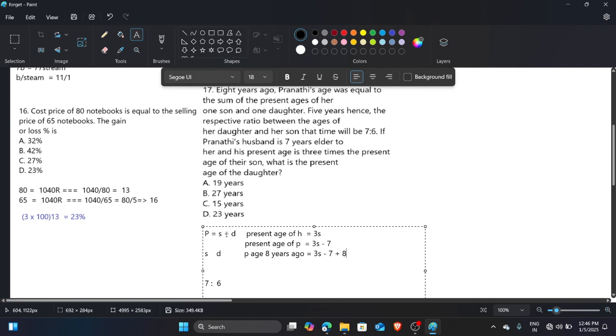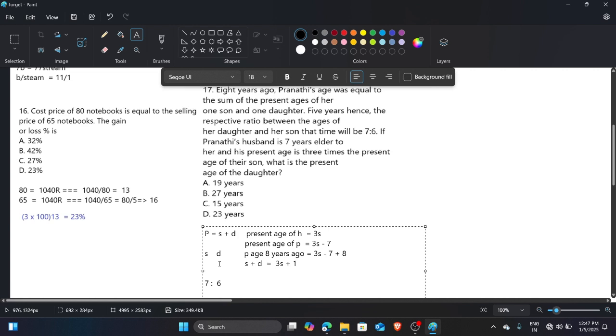I'm doing this. So according to this condition, her age is this, and here we know this equation. So we put these values in this equation. In the place of it, I put s plus d, the son's and daughter's ages, and here her age is nothing but 3s plus 1.